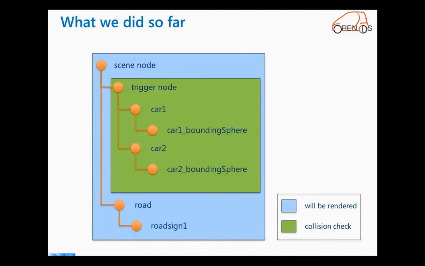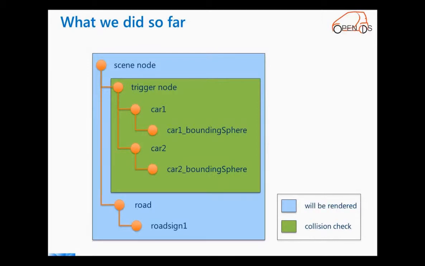Now the cars are still contained in the scene node. That means the car is still visible and they will be rendered. However, now the cars, including the bounding spheres, are contained in the trigger node, which means they will be checked for collision. So this is quite vital to have the task fulfilled.